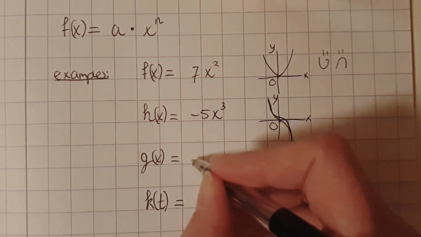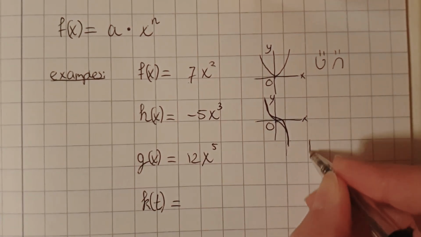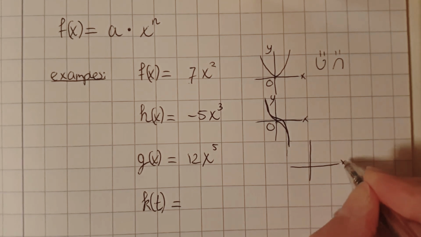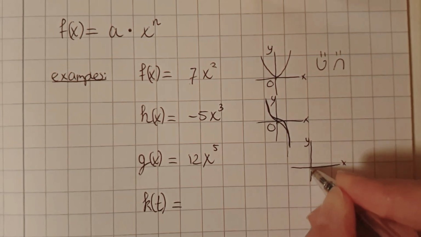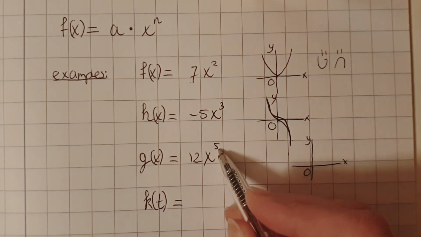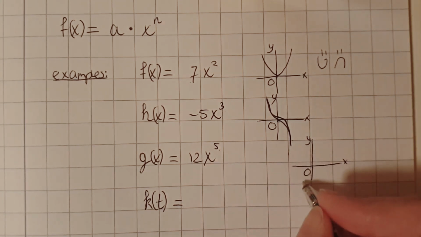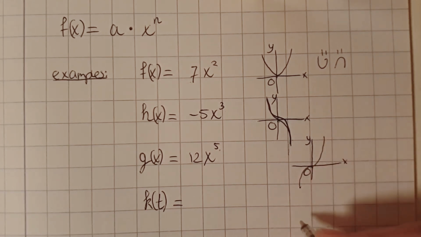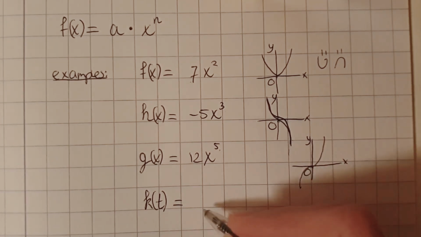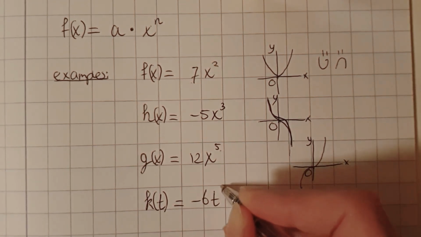Now, g(x) equals 12x to the power of 5. Again, let me do the sketch here. This is the exponent. It's an odd number, and this is a positive number, which means the line goes up. Yeah, and then the last one, minus 6t to the power of 4.